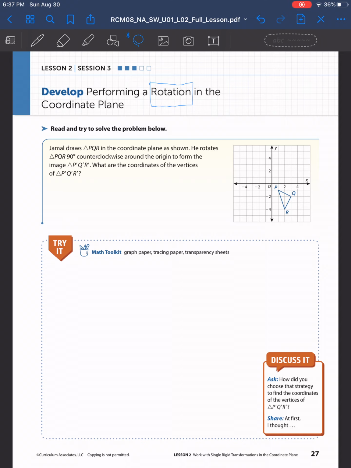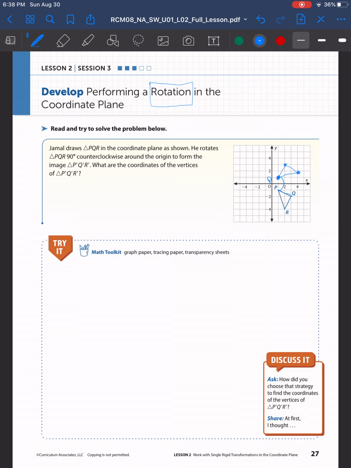I can kind of eyeball it, I guess. I would say P would land about, if it rotated 90 degrees, it'd probably land right there. P is 1, 2 away from Q, so Q would be kind of like right there. And then R was here. R would be like right here, sort of. Okay, so this is me just eyeballing it. We'll find out the correct math way to do this.